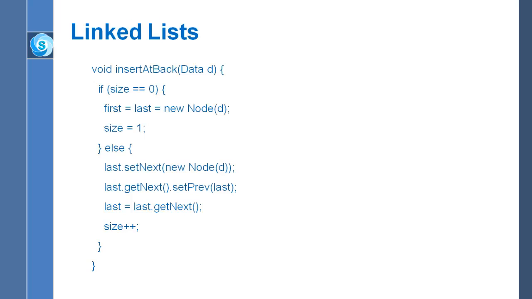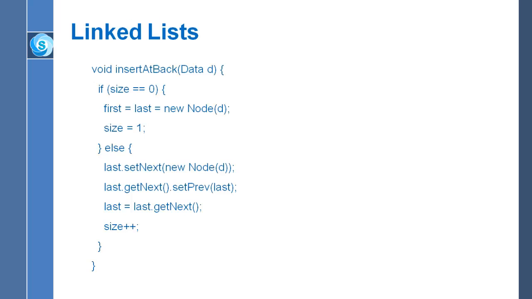Now, the next line says last.getNext. Well, let's think about this. We just arranged for last to have its next pointer point to the new node. So last.getNext is going to refer to the new node. And what we're doing now is we're calling setPrev. Set prev is acting on what object? Okay, pause. Think about this. What is set prev acting on?